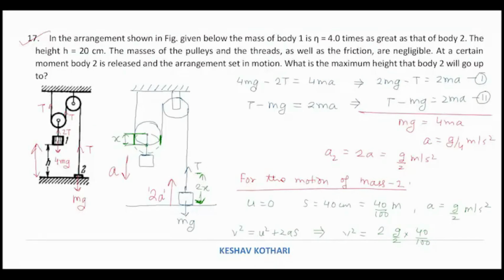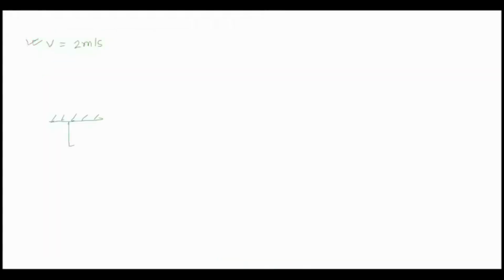So now what I can say regarding the second mass is that the first mass hits the ground something like this. If we go to the previous diagram, we can say that the first mass will hit the ground.